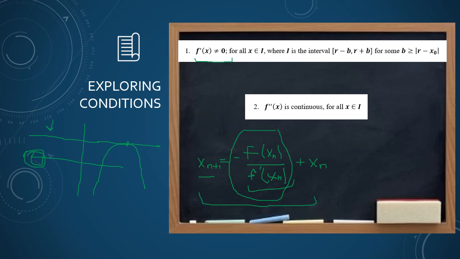Okay. So that's one of the issues that can come up if your initial guess, or any number in this interval, causes your f prime of x to be 0.